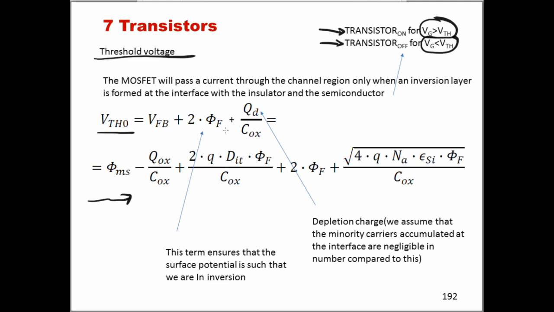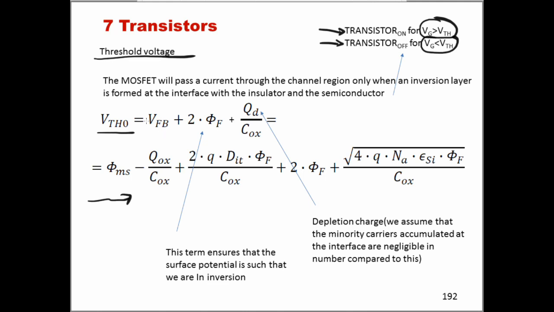So we know that the transistor is effectively an MOS device. So it's the gate stack, which is an MOS stack, that controls the operation of the transistor. And we also know that for the transistor to be on, we need to be able to create an inversion layer at the interface with the oxide.